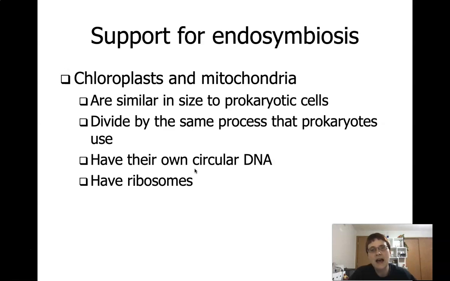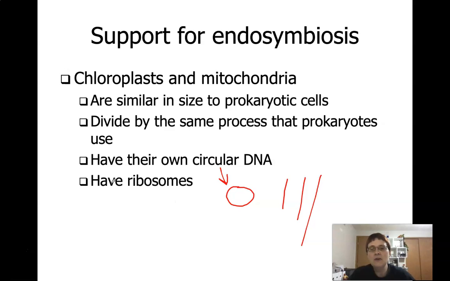Eukaryotic cells have linear DNA. So what do I mean by that? Let me grab my pen. So prokaryotes pack their DNA in circles. Eukaryotes pack their DNA linearly, right? So the fact that these guys have circular DNA like prokaryotes is actually a big deal.